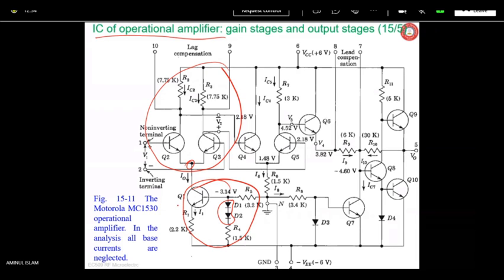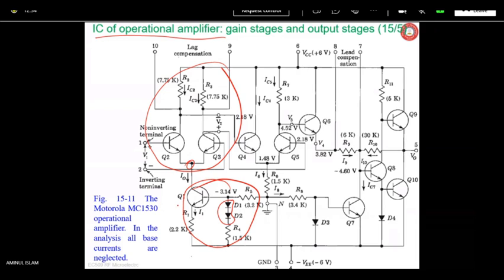This equation has been used, and we have discussed this earlier. We show further in this section that IC2, IC3 and IC4 equals IC5 equals 0.5 milliampere.